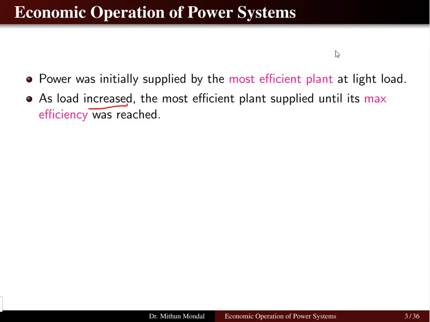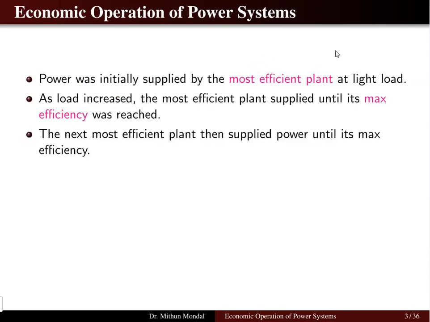When the load increased, the most efficient plant supplied until its maximum efficiency was reached. This load is not constant, it will keep on varying, and if it increases, the most efficient plant will supply power up to its maximum rated capacity. The next most efficient plant then supplied power until its maximum efficiency.